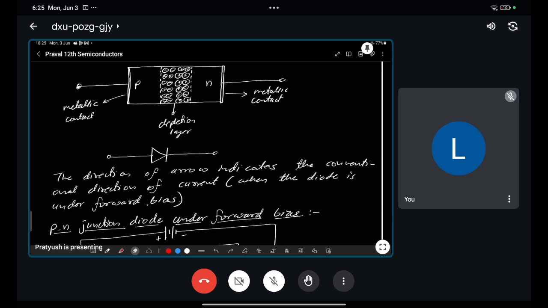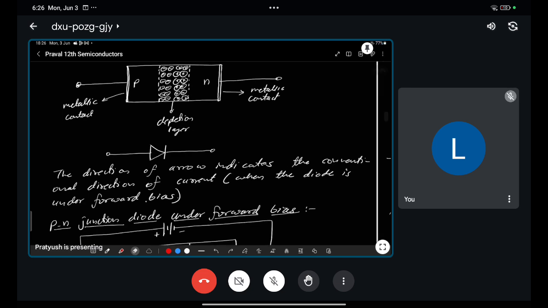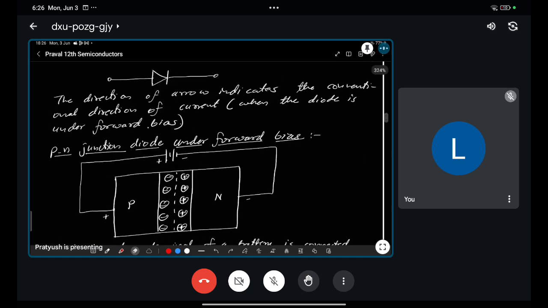Now PN junction under forward bias. The bias we have studied now.